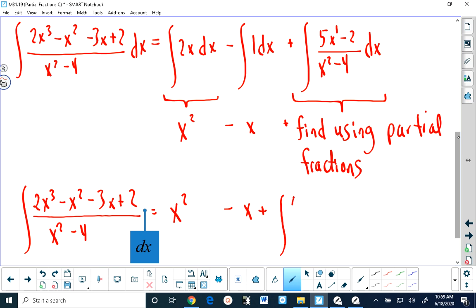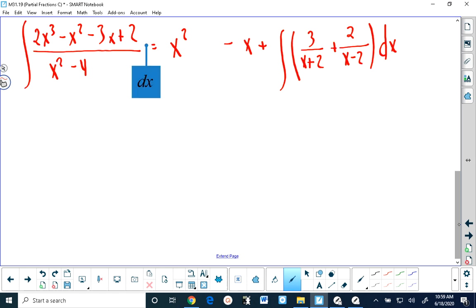But we have learned that (5x − 2)/(x² − 4) is A/(x + 2). We discovered that A was 3. And it was plus B/(x − 2), and B turned out to be 2. So we are almost done.